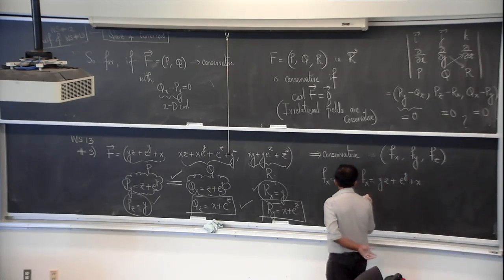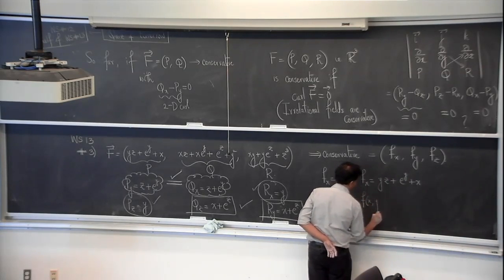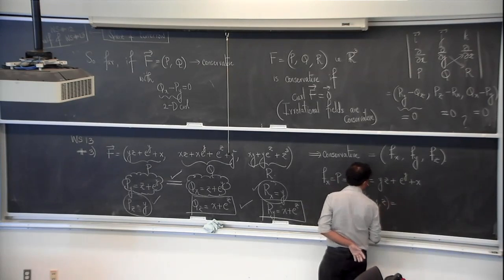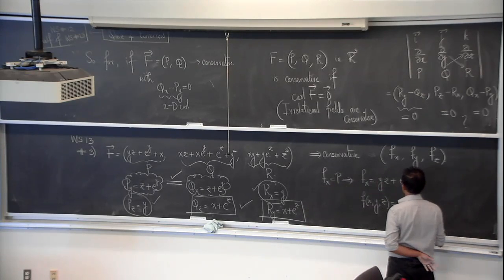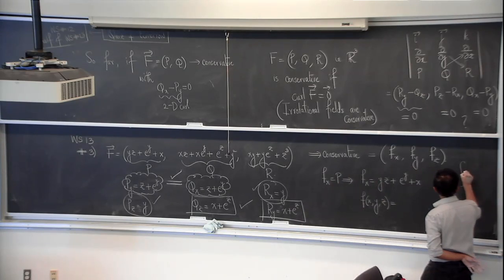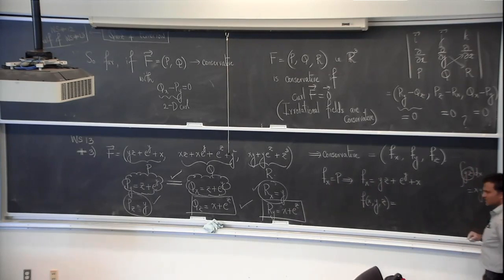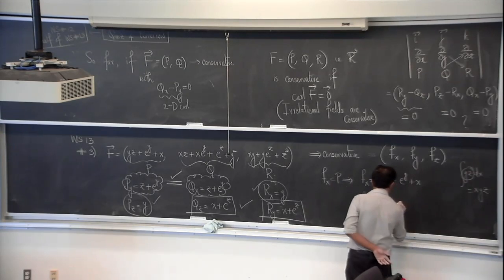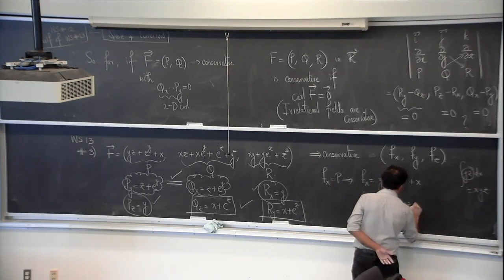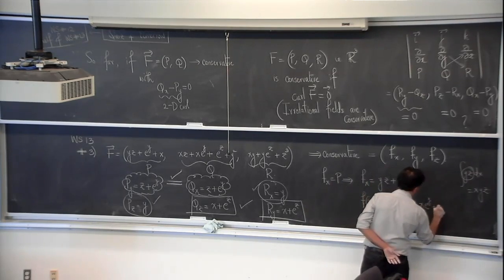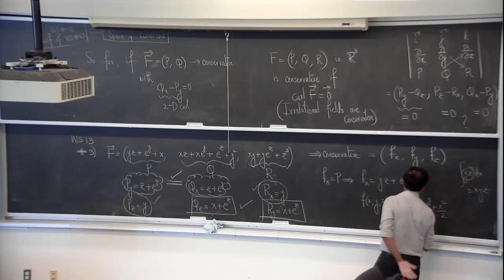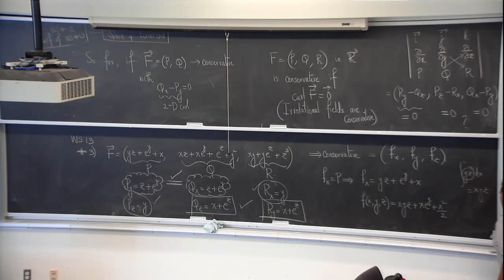Integrate with respect to x and you get f of xyz. Don't forget the integral of yz dx is xyz, since yz is a constant, and the integral of dx is x. So you have xyz plus x e to the y plus x squared over 2 plus what?